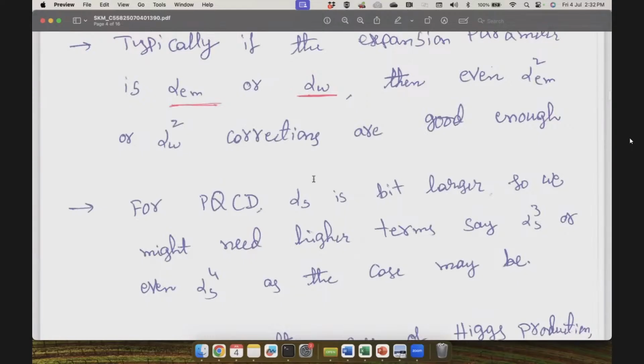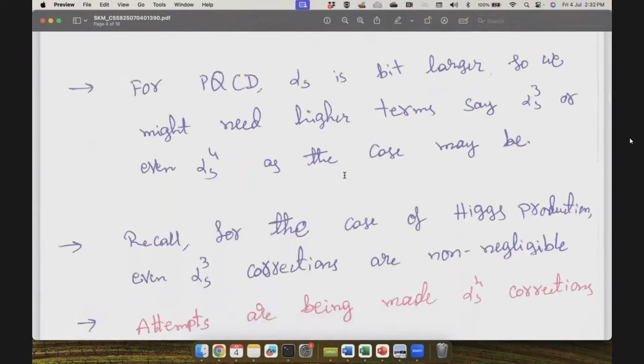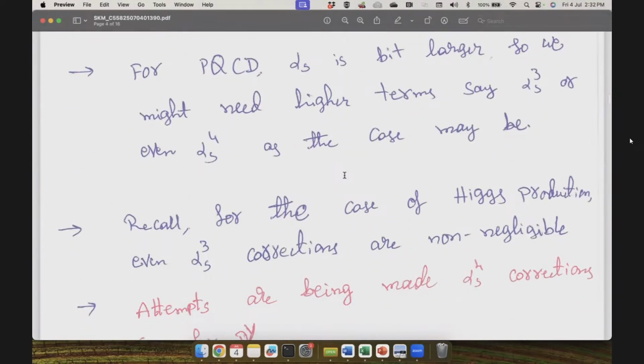Even alpha s square is not sufficient, so alpha s cube or even alpha s power 4, as the case may be, is required. But if you believe in this asymptotic expansion, you don't have to go to alpha s power 5 or alpha s power 6. The series can be truncated after considering a fewer number of terms.